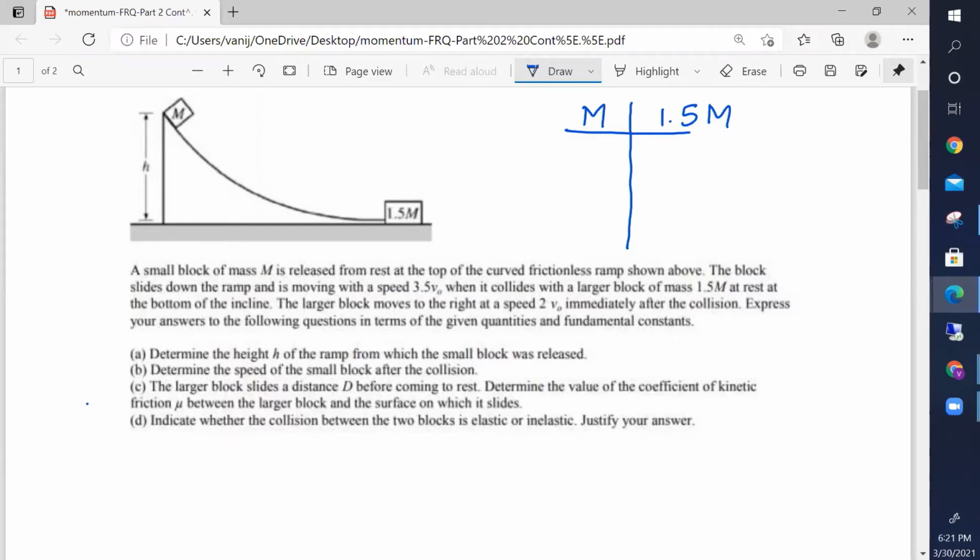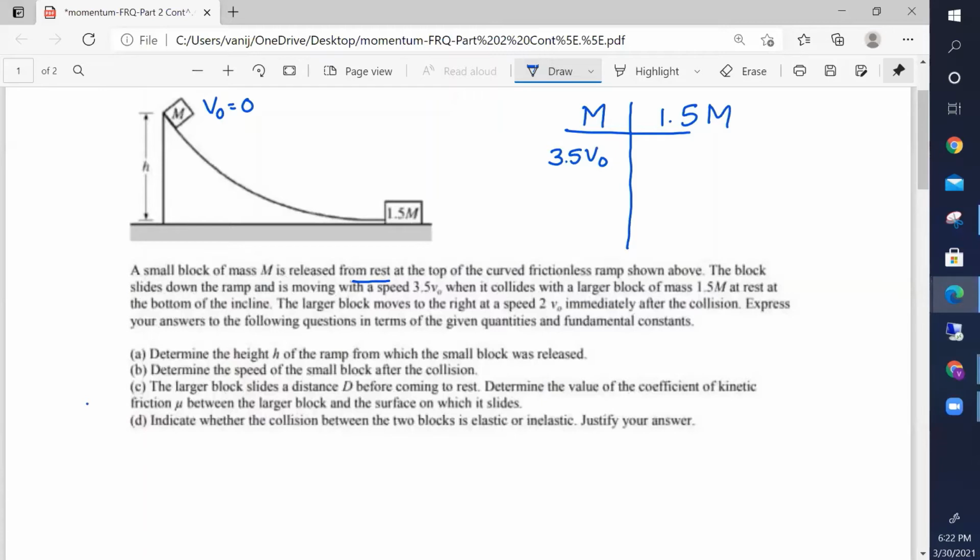They told us that the block was released from rest, so the block was initially at rest. Here v0 is equal to 0. And when it comes all the way to the bottom, right before it collides with 1.5 m, its velocity is 3.5 v0.